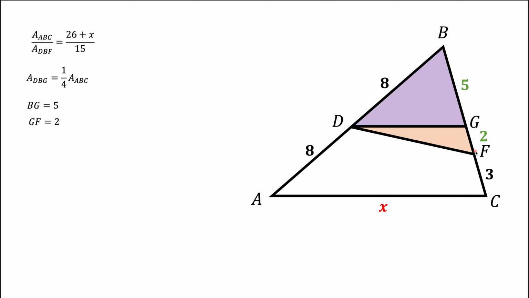Now we'll look at the top two triangles and try to relate them to each other. Now notice the purple and orange triangles have a common vertex, D, and what we're going to do is draw an altitude, DK, from that vertex. Now notice that altitude is an altitude for both of those triangles.